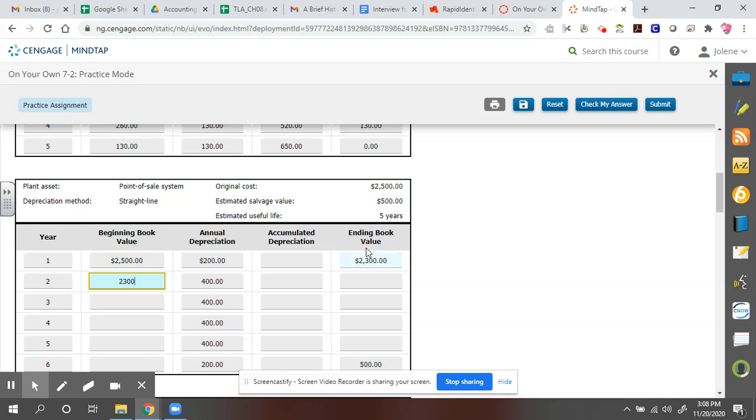Remember, the ending value is the next year's beginning value. So 2,300 minus 400 is 1,900.